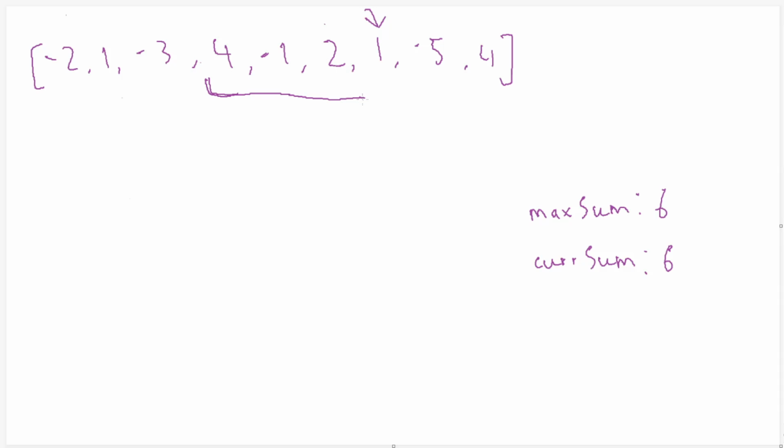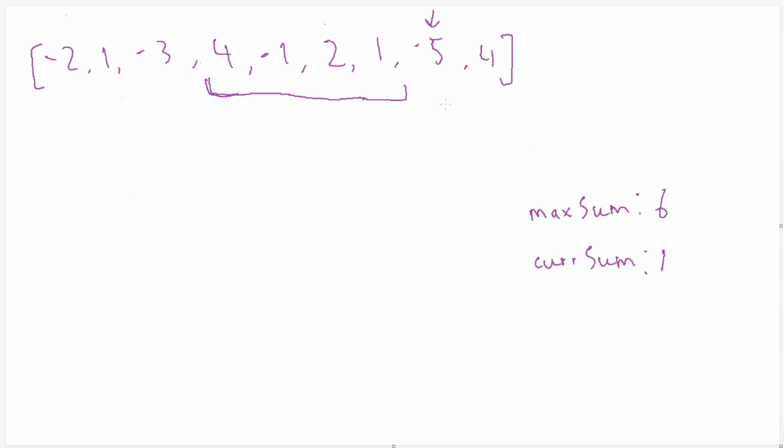So we include that as well. Then we move on to -5, which will not take us below our threshold. Technically, we would update current sum down to 1, but max would not change. And max is what we are going to return.